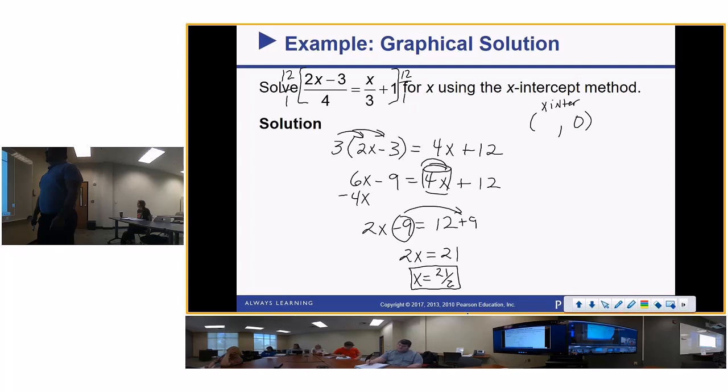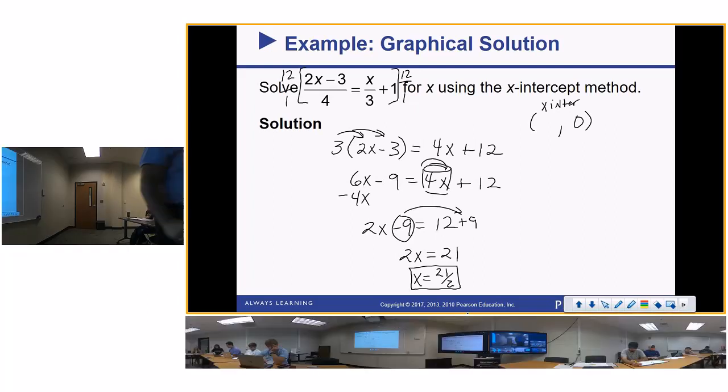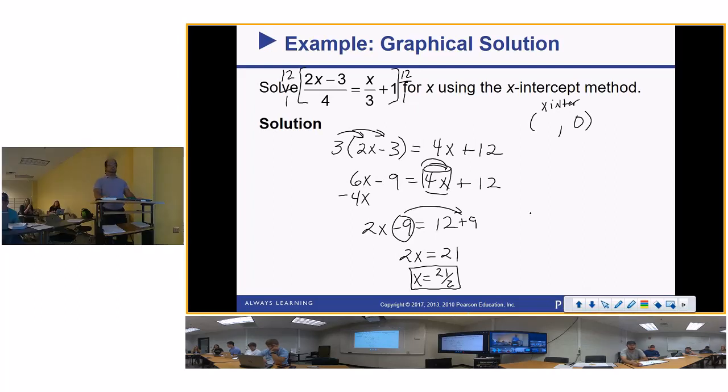So I don't know what they're asking using the x-intercept method. I know how to solve for x, and that's how I solve for x. Comprende? Sometimes it's best not to read the directions because they don't know how to write directions.